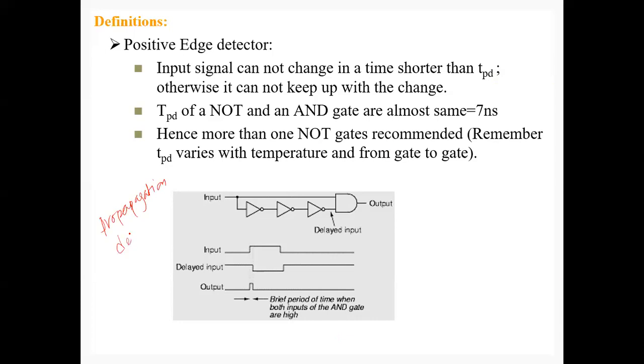So why do we need this concept? We need to understand what should be the frequency of the input signal. What is the maximum frequency I can have here? The maximum frequency you can have is defined by Tpd.